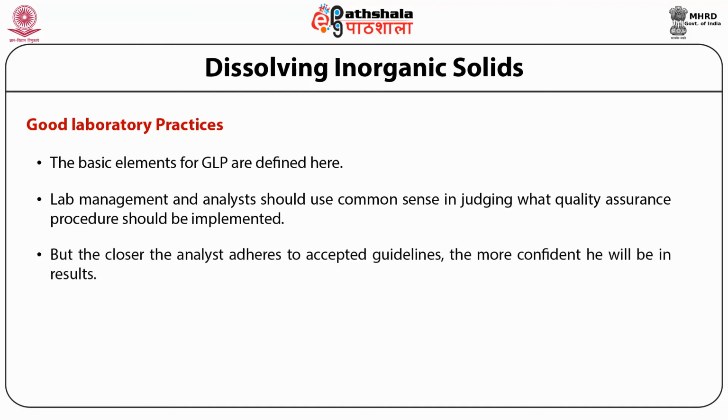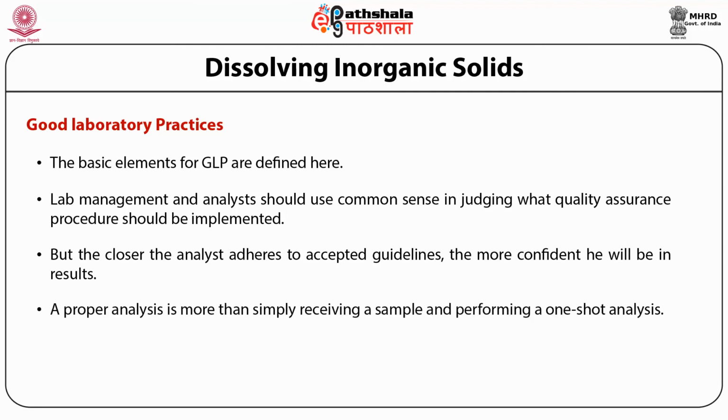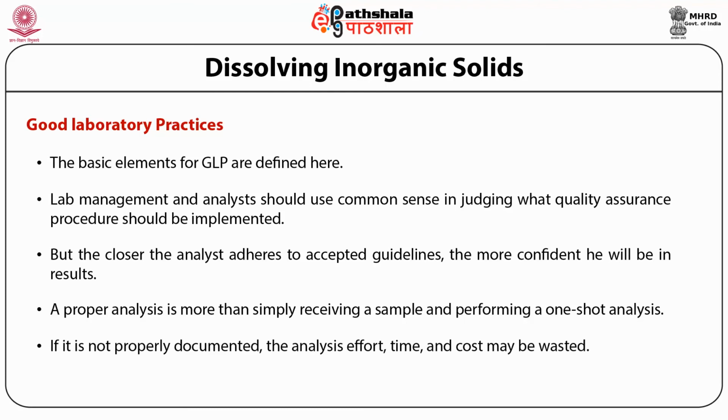But the closer the analyst adheres to accepted guidelines, the more confident he or she will be in the result. A proper analysis is more than simply receiving a sample and performing a one-shot analysis. If it is not properly documented, the analysis effort, time and cost may be wasted.